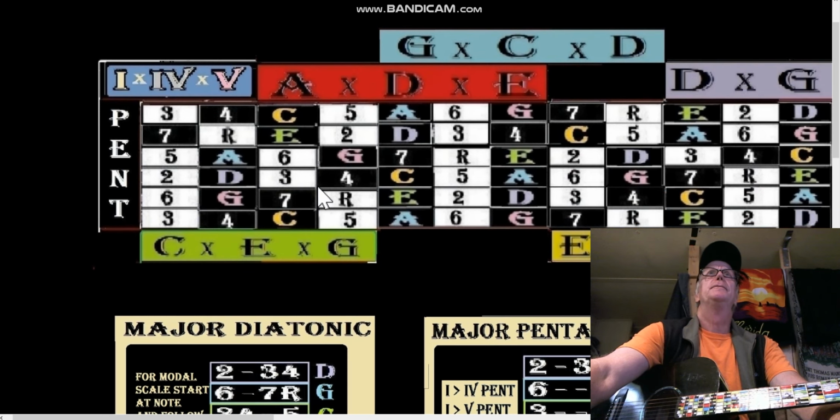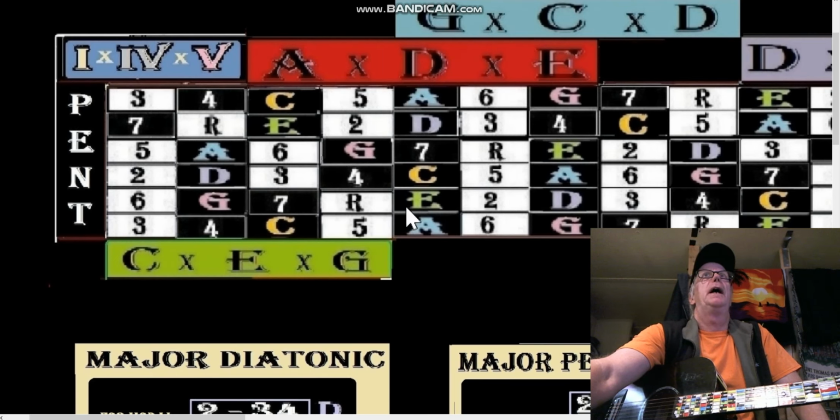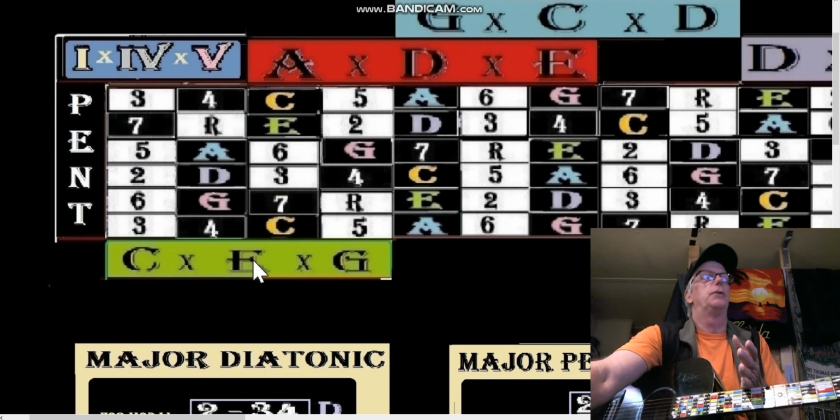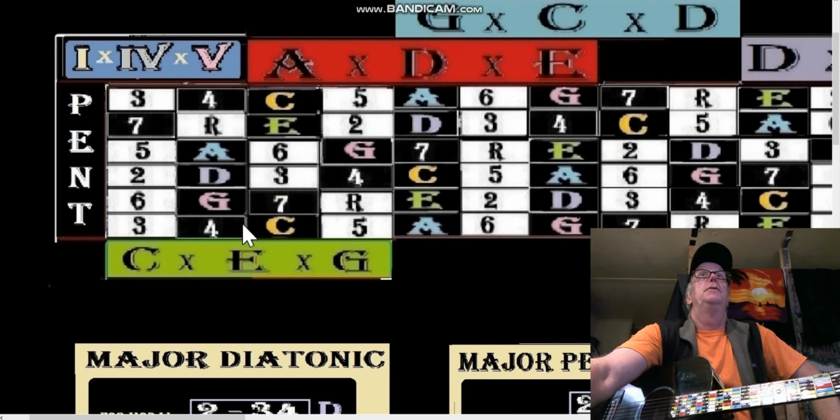So right here we have the C diatonic, but now we're going to play the E pentatonic and the G pentatonic. And if you can play pentatonic, you can play chords. So it's the C diatonic, pentatonic, and its chord, and then it's the fourth, which would be the E shape, pentatonic, and its chord, which is going to be an E-shaped chord.